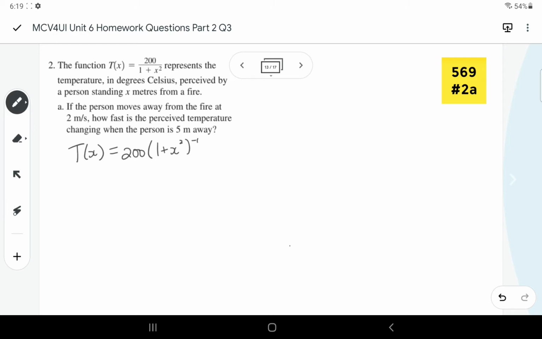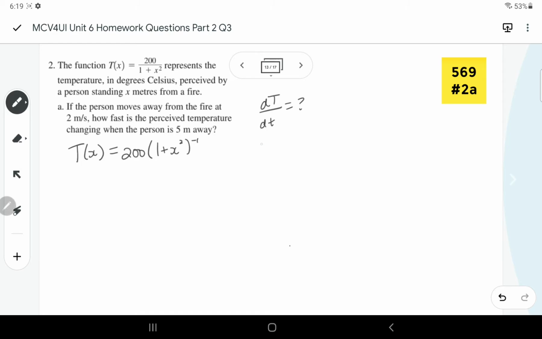And what I'm looking for is dT over dt, which sounds kind of terrible, but this big T is temperature, and that's in terms of time. So I don't know what that is.